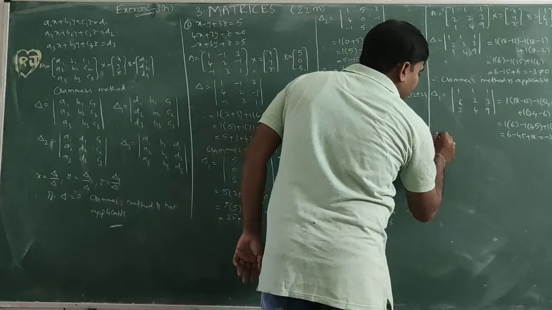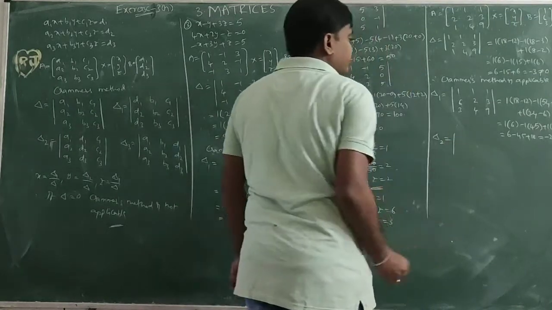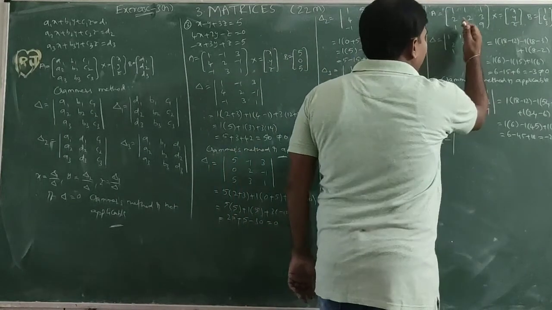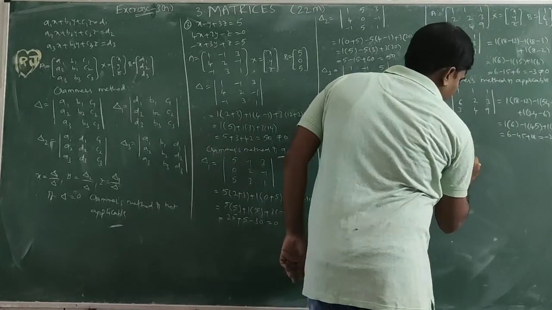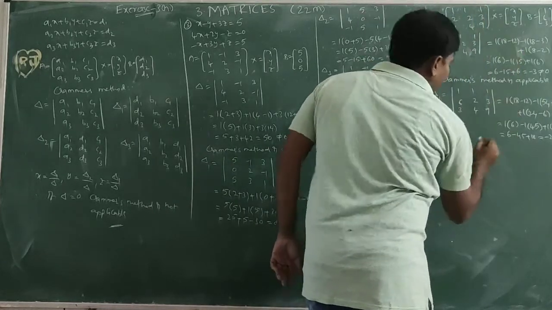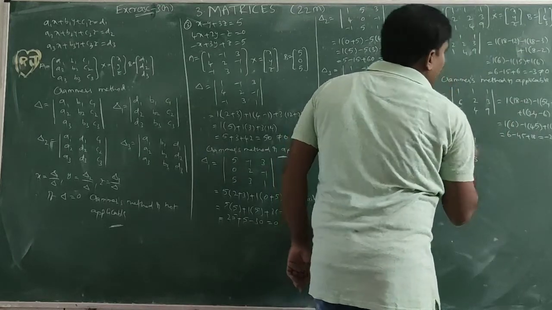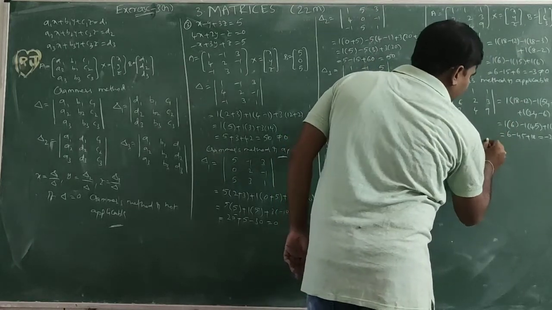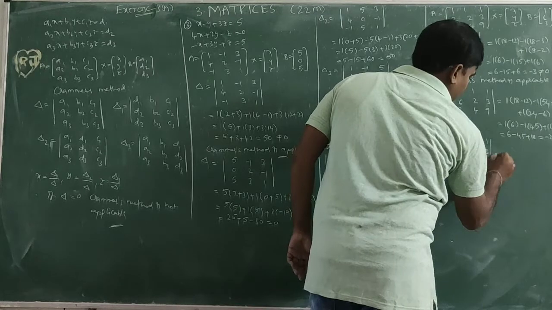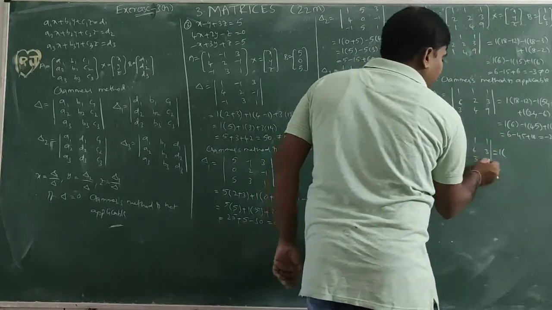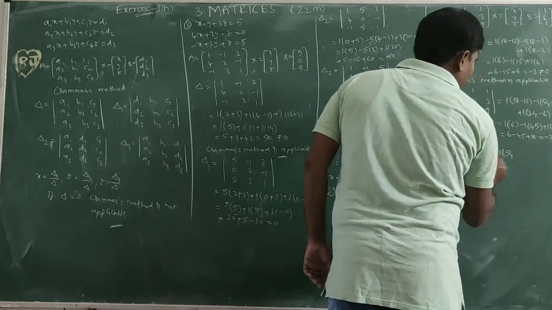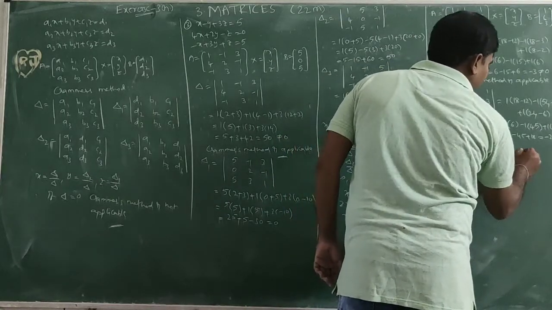Now delta 2, replacing the second column. First column 1, 2, 1. Second column 1, 6, 3. Third column 1, 3, 9. Equal to 1 half, 6 into 9, 54, 3 into 3, 9, 54 minus 9, 45.